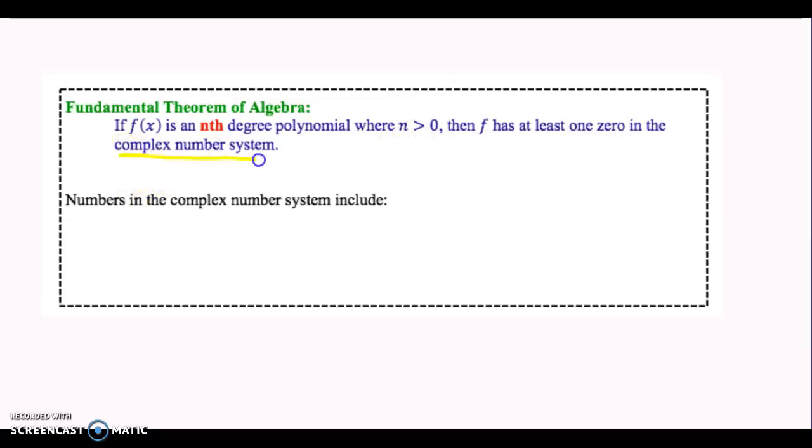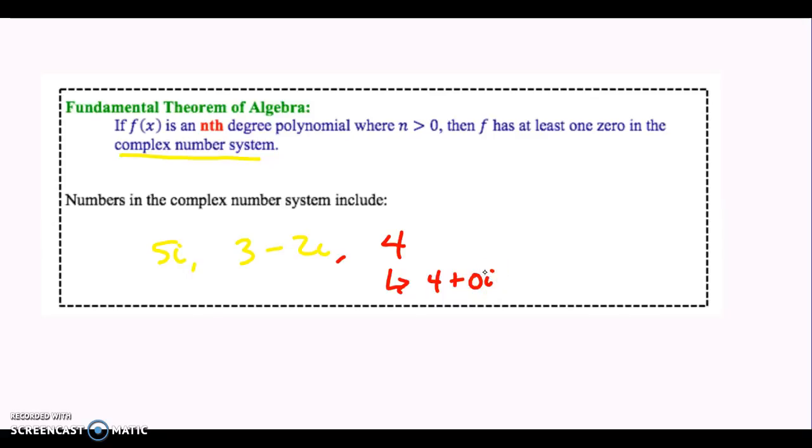It says in the complex number system, so numbers in the complex number system are like 5i, they're like 3 minus 2i, they have an imaginary part, and they also have a real part. But you may be interested to know that the number 4 is also a complex number. And the reason I know that 4 is a complex number is because it is 4 plus 0i.